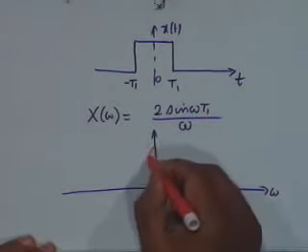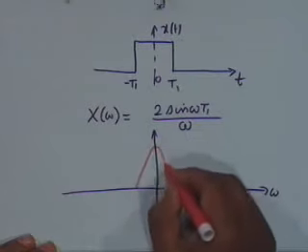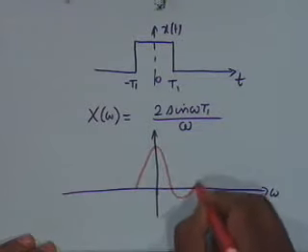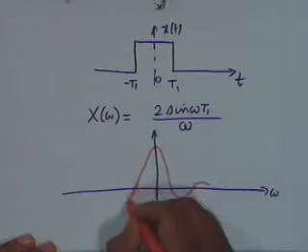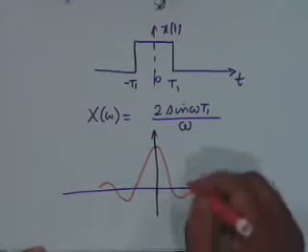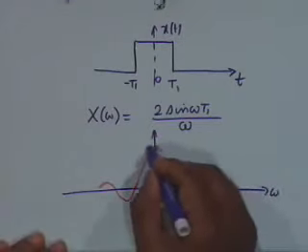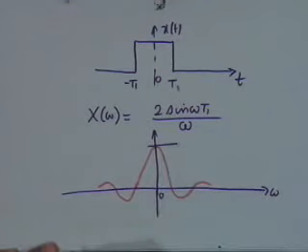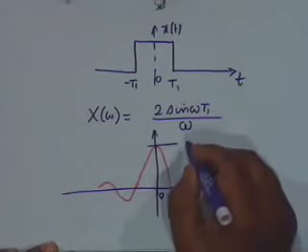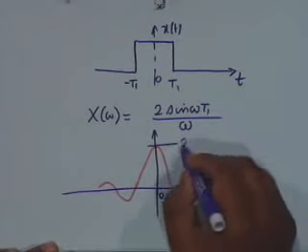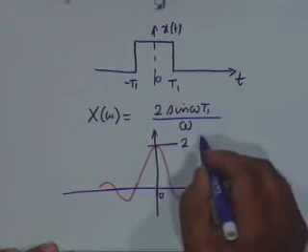This is capital X of omega, and a plot of capital X of omega versus omega is like this. It shows a damped sinusoid type of response on both sides. The maximum occurs at omega equal to 0, and the value is twice t1.